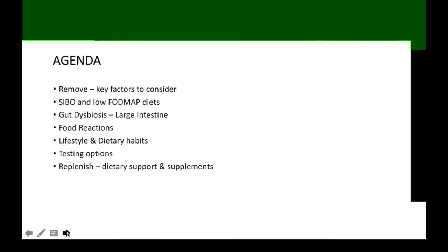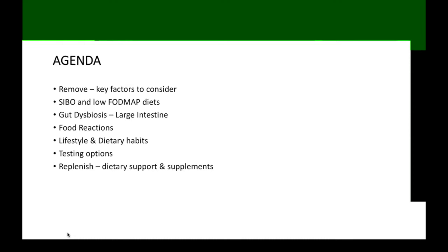So today what I want to look at is really one section only of the remove stage. Now remember that for a lot of clients, the remove stage is often the biggest section and often a combination of triggers that may be affecting their own gut health issues. So today I'm going to be looking at SIBO and low FODMAP diets.